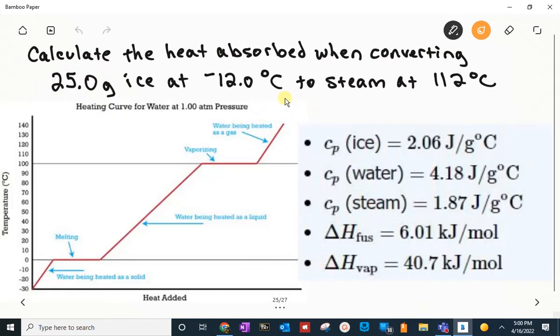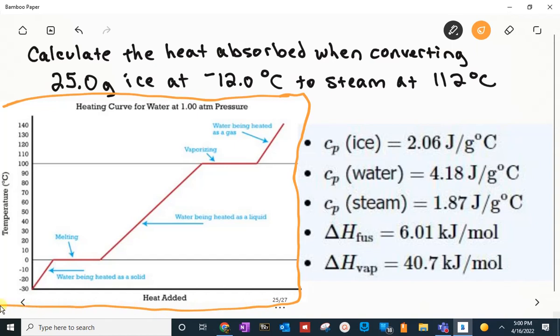Now, as you can see on this graph, this shows the heating curve for water, for H2O. And here is 0 degrees Celsius. And as you can see, it plateaus. It starts out as ice down here.